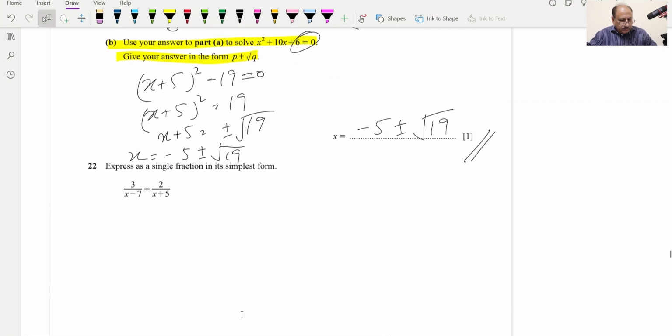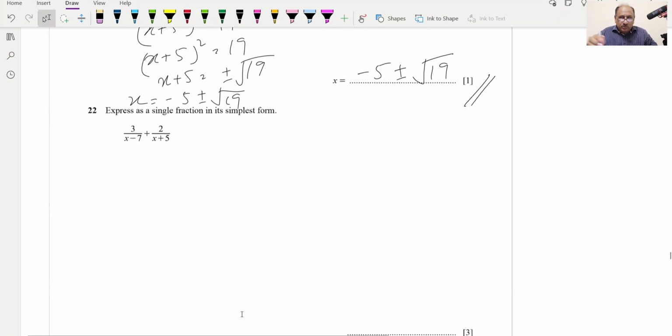This is a 1 mark part. Then question number 22. Question 22 says express as a single fraction in its simplest form, and single fraction in simplest form we'll have to write this one. So we can do the LCM method. We'll make a line, and you will be following the same procedure for these types of questions.